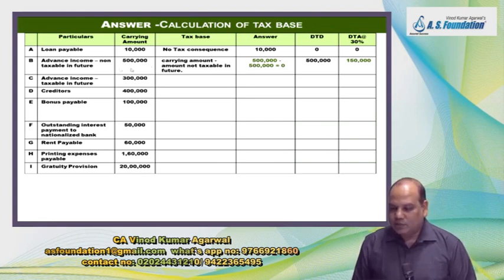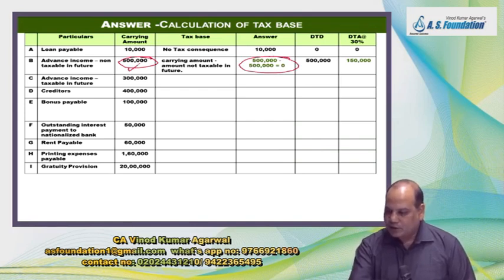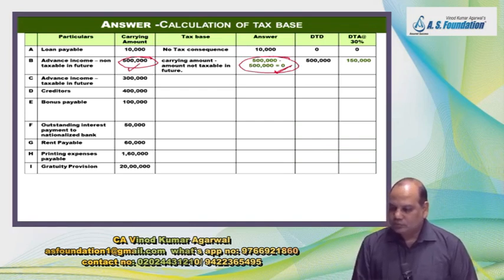Carrying amount is 5 lakh, amount not taxable in future is also 5 lakh. So 5 lakh minus 5 lakh is 0. Now you compare column number 3 with column number 5, 5 lakh versus 0. So the difference is 5 lakh. It means it might have already been taxed on cash basis, so it will give rise to a difference. So here DTA will be 1,50,000.